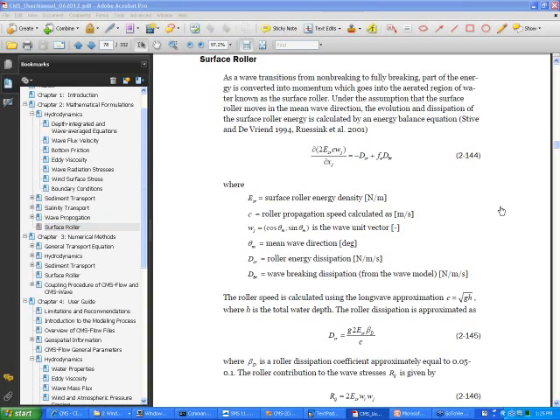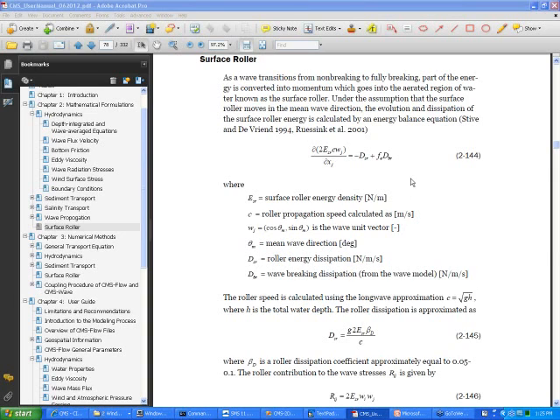Are there any questions on the surface roller? So again, the default setting in CMS is for the roller to be off, and the reason for that is because this option is not yet in the interface. We want to be backward consistent with previous versions of CMS where it wasn't there.